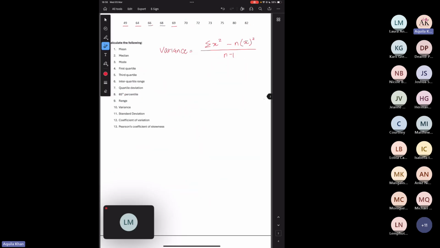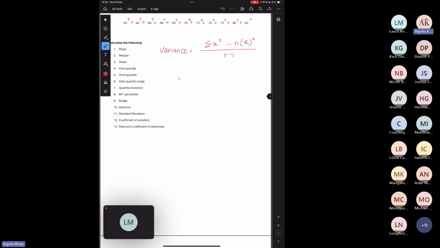So what that's saying to you is you need to square each value and add them up. So basically 49 squared plus 64 squared plus 66 squared plus 68 squared plus 69 squared and so on. So you'll literally square each value and add them all up once you've squared them.